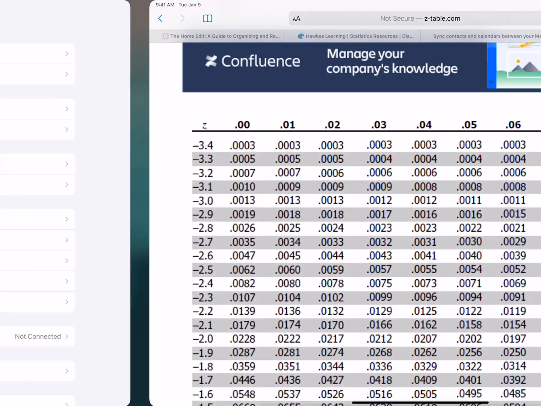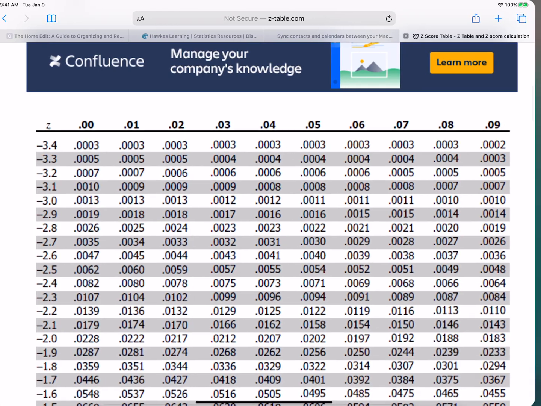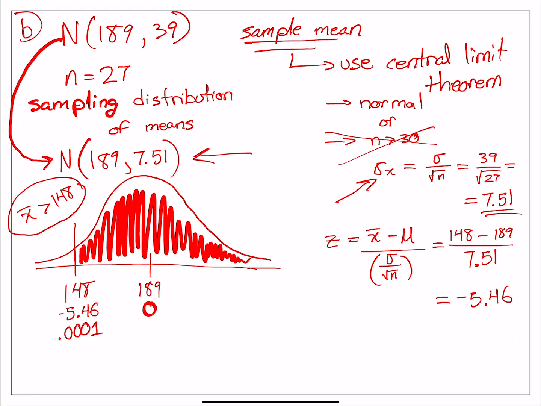You can see that the smallest one they have here is 0.0002. Anything past negative 3.49, we're just going to put 0.0001.